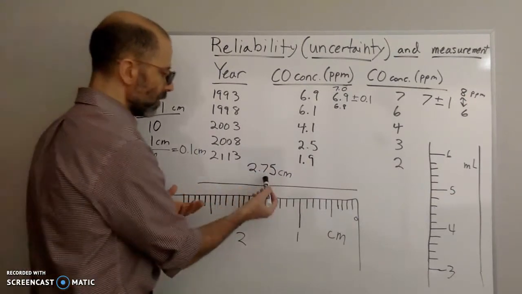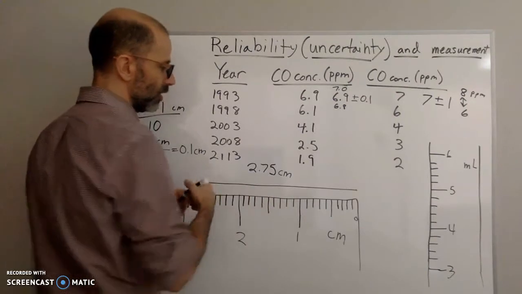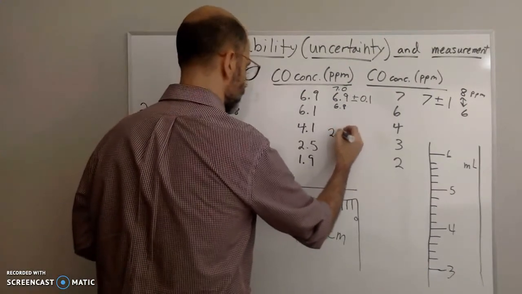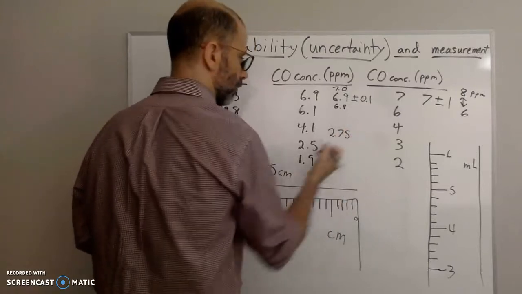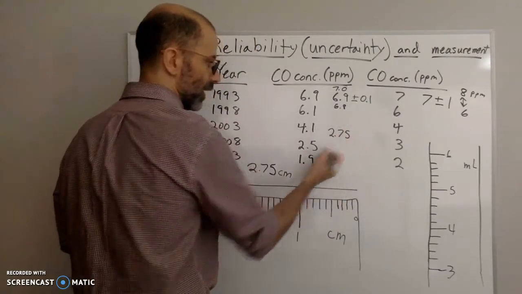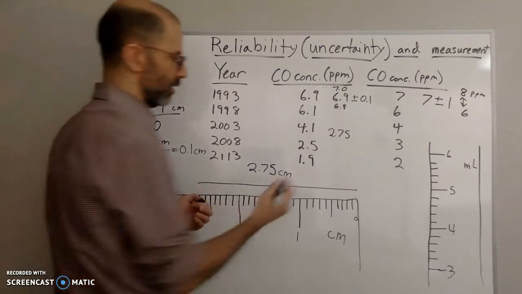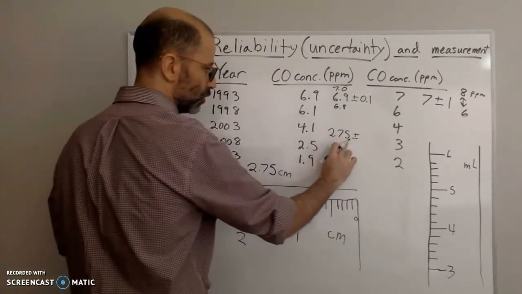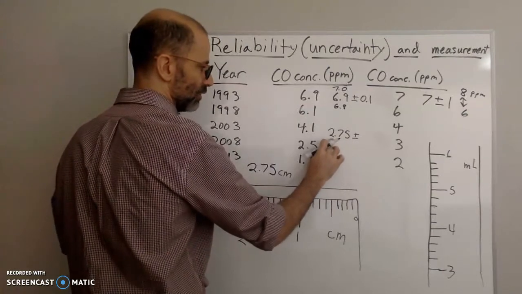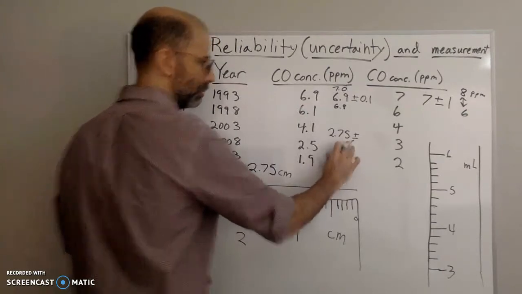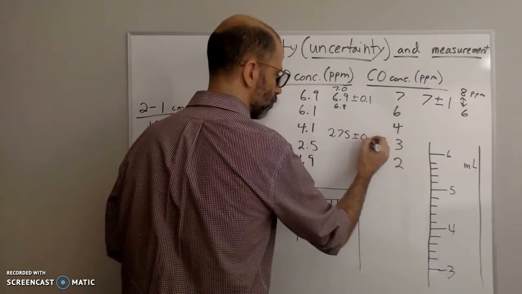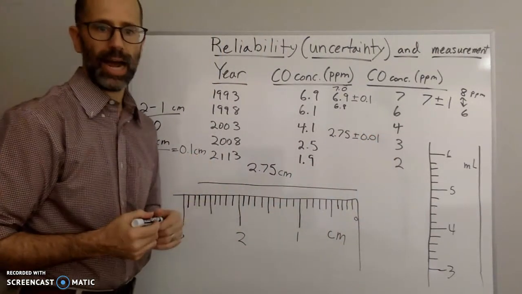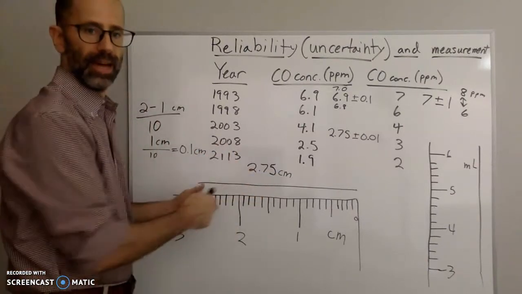So the way I report it is 2.75, and then there's wiggle room, so it's plus or minus 1 in the last digit. If the last digit is in the hundredths place, then it's plus or minus 0.01. So that's the way I would report that.